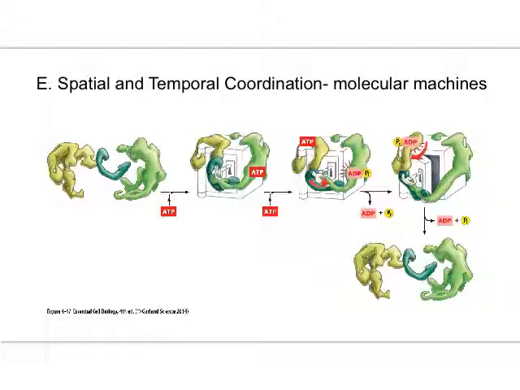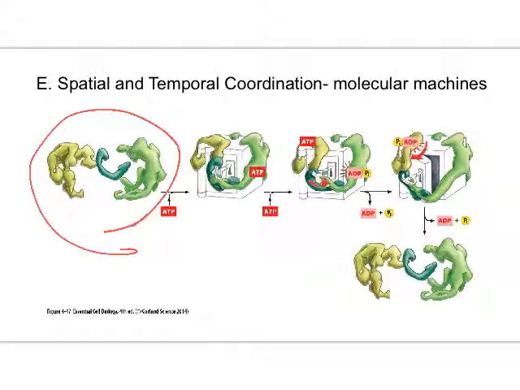So they give an example here, kind of a make-believe example, of a group of proteins on the left that's going to work together to turn a key and open a door, say, on a safe. Maybe you could think of this as working together to replicate a side of a DNA molecule. So in this example, each protein undergoes conformational changes when the ATP bound to it is hydrolyzed.